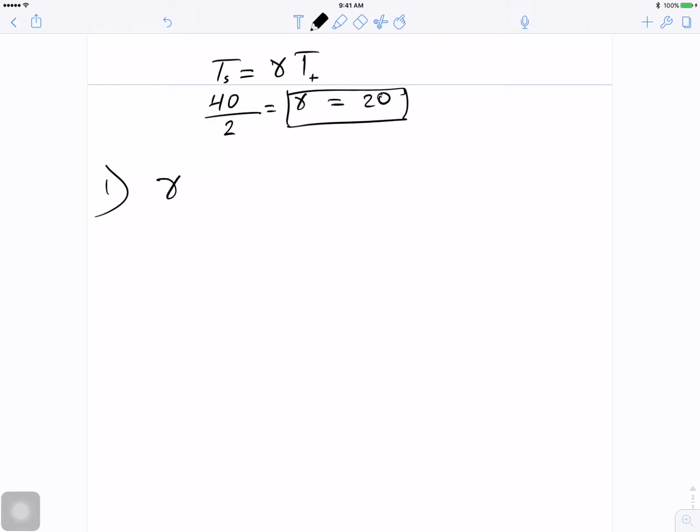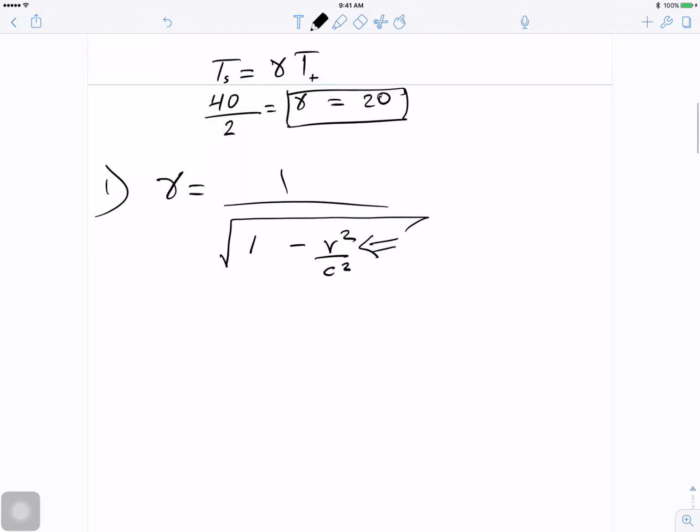So I'm gonna call the constant alpha to make it easier. Alpha will be equal to 1 over the square root of 1 minus v squared divided by c squared. Then we need to find v, the speed that's going to accomplish this scenario.